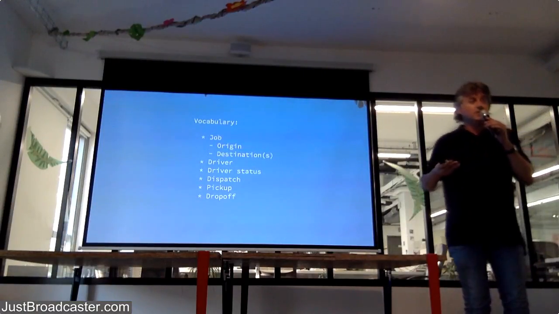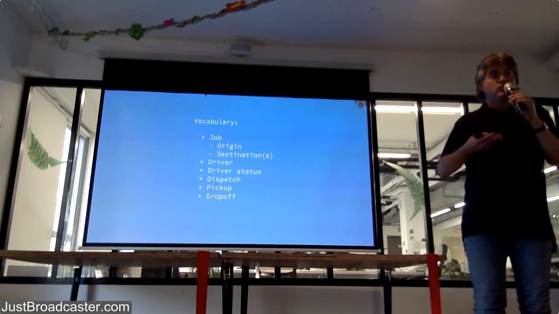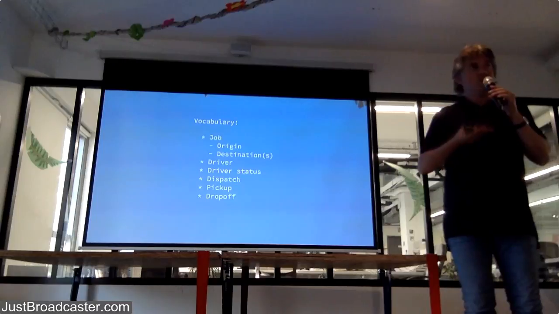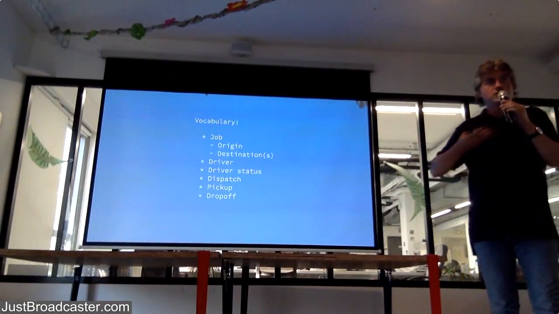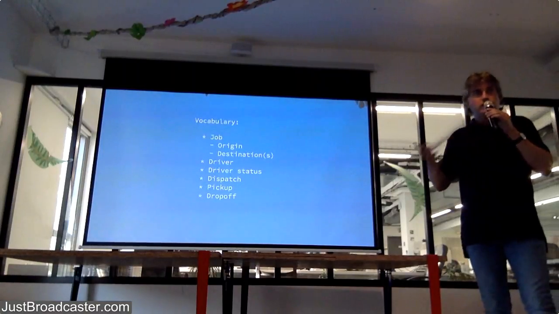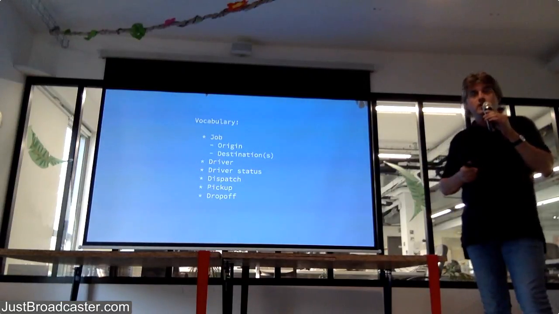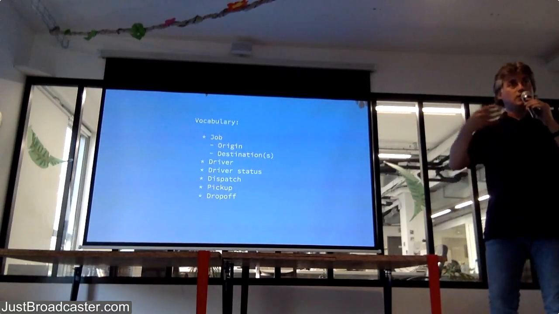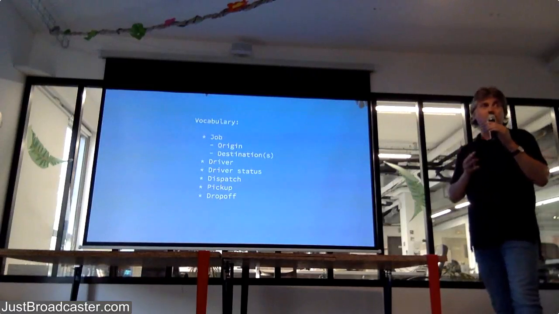They have like a state machine, and the main ones are being on duty, which means that the person doing the job is active, is working. Off duty is the negation of that, is just at home, is not working. And then being busy means doing a delivery. Those are the main driver statuses.